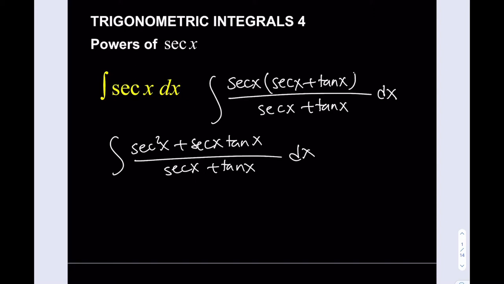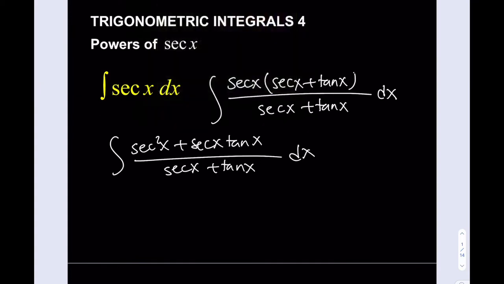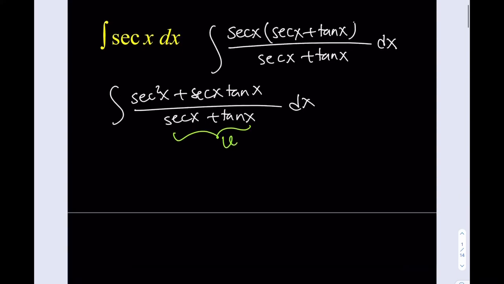So the reason why we use this manipulation is because if you look at the denominator and call that u, its derivative is going to be the derivative of secant x, which is secant x times tangent x, and the derivative of tangent is secant squared. So you basically get the derivative in the numerator, which means that if I do the u substitution, I basically get du over u here, which is integrated as ln absolute value of u plus c.